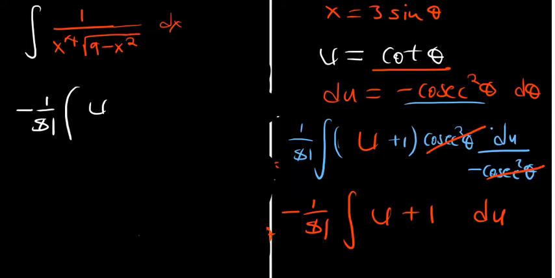We add 1 to the power, it becomes 2, and divide by the result. So the integral of u is going to be u to the power 2 over 2, and then plus 1.